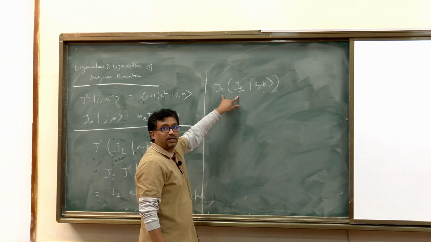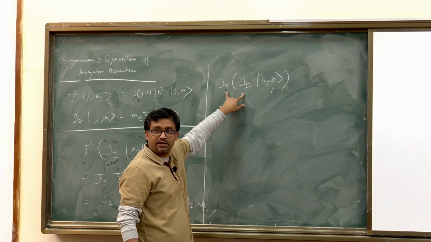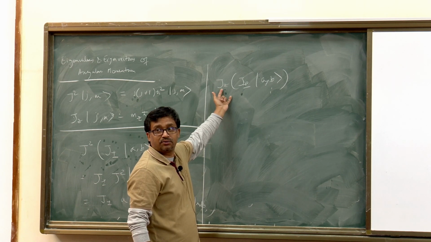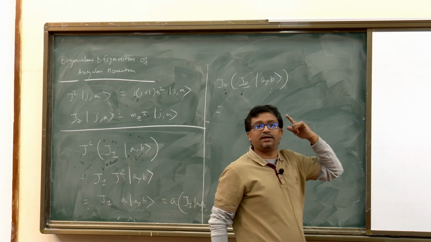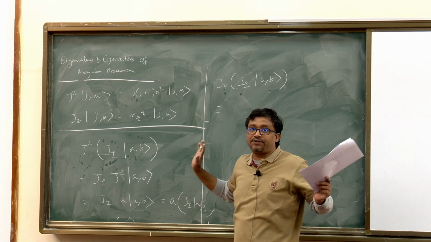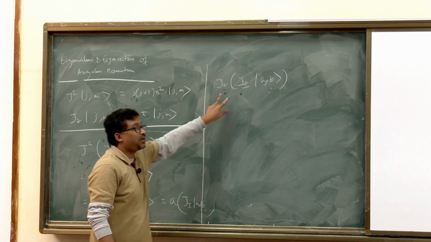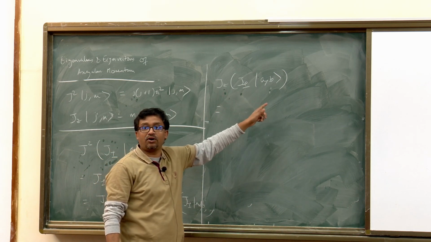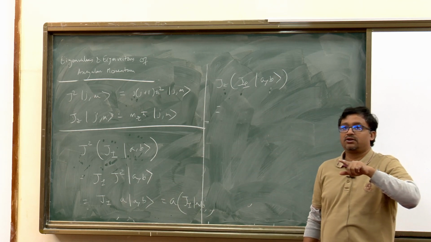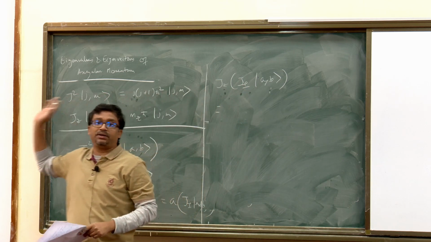Remember, this commutator is not 0 anymore, so you have to use the commutation relation and flip the order. Why do you want to flip the order? Because I know the effect of Jz on this. I do not know the effect of J plus minus on AB, which is what we are trying to figure out. But if you flip the order, then I know how to operate. So use the commutation relation to write something where you can put Jz in front of AB.